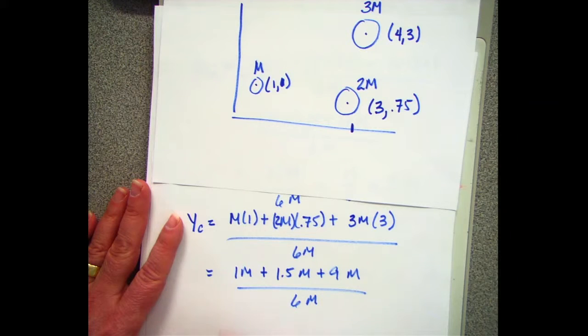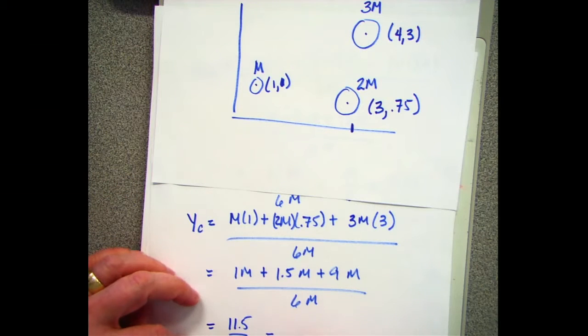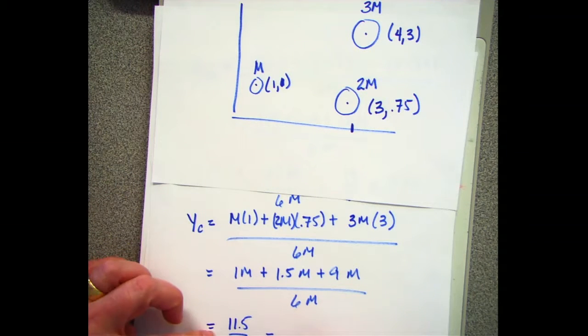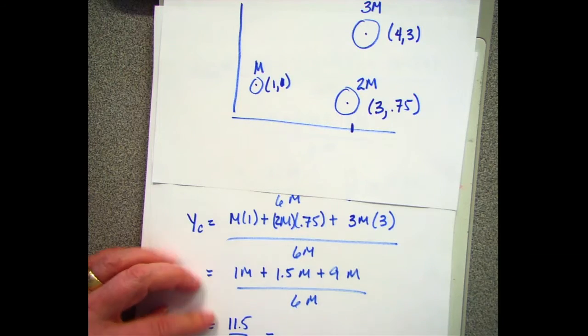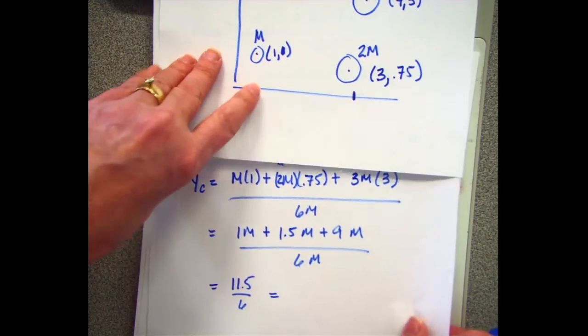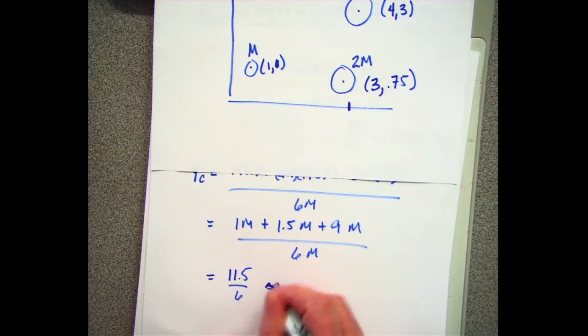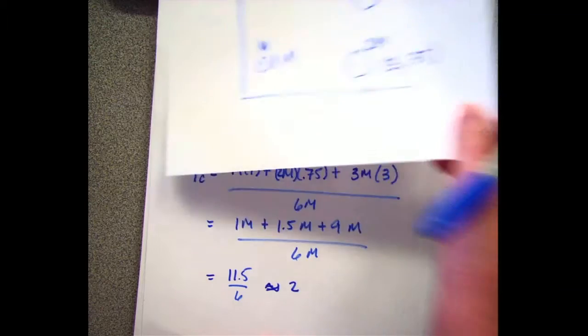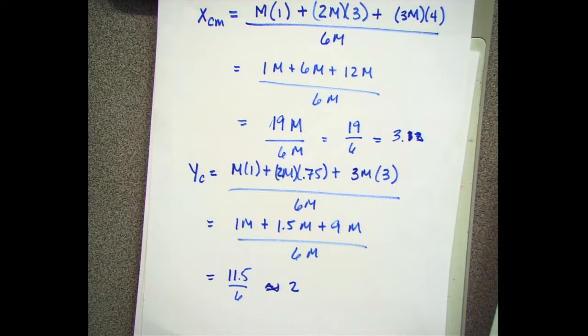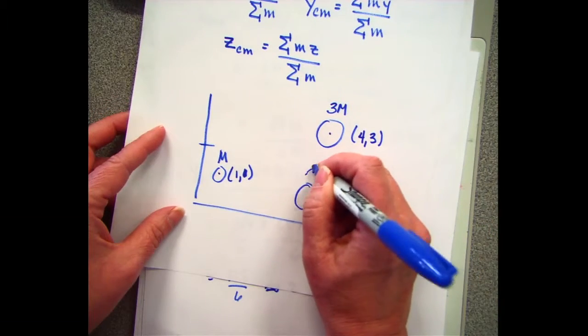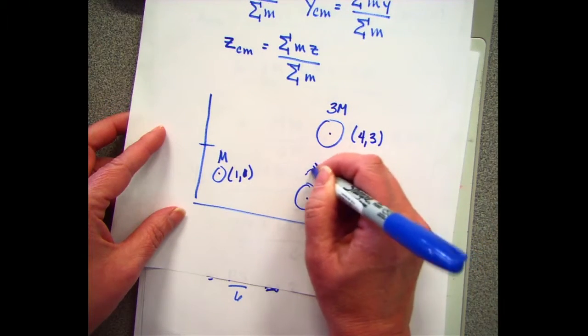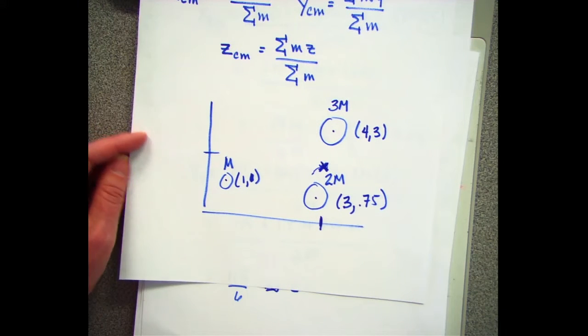It's going to give me 11.5 divided by 6 as my result, which is a little less than 2, pretty darn close to 2, so I can say about 2. So if I'm plotting this, my center of mass for this system is going to be somewhere right in there.